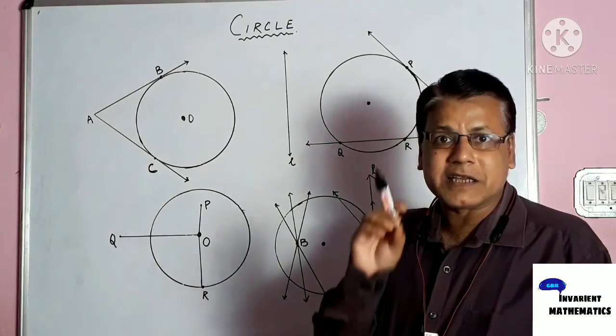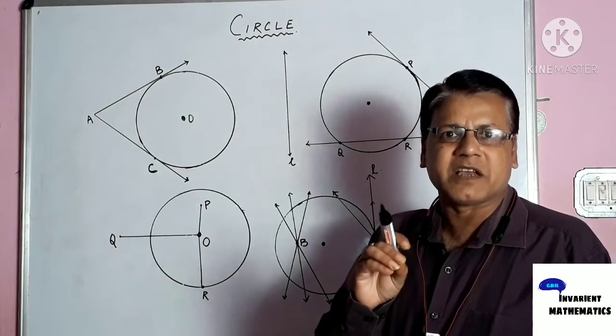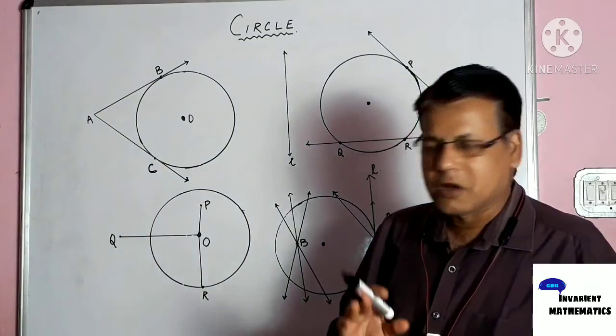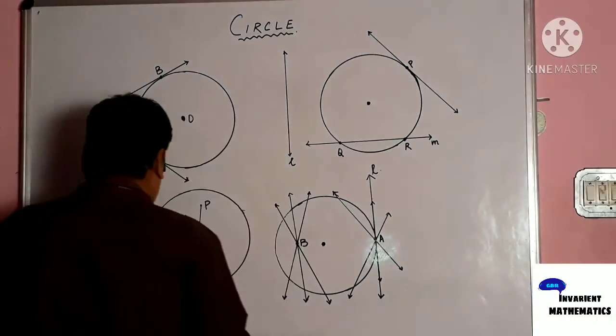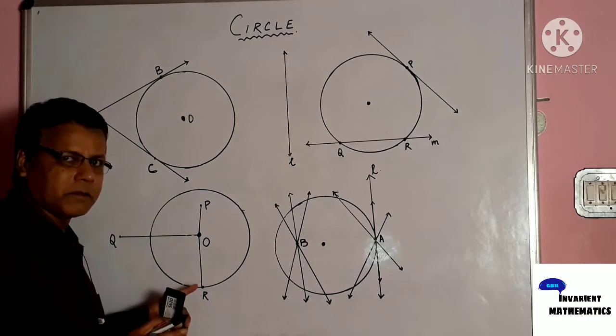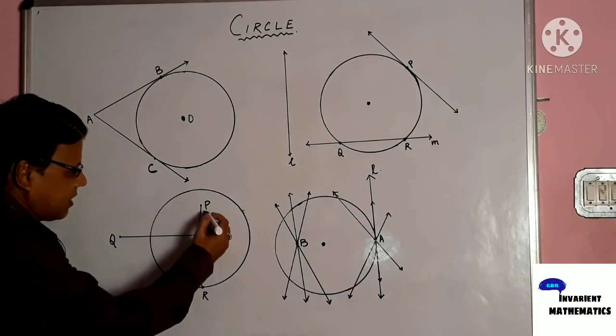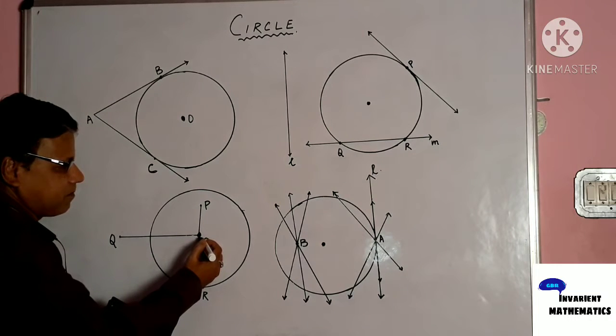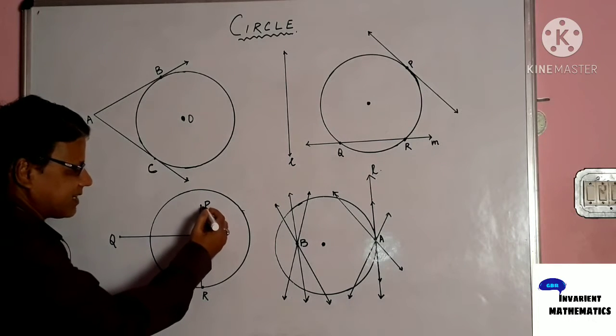But there is a geometrical condition behind it. What is that geometrical condition? Look to the figure. In the figure, if we join the point P with the center, then we get a line segment OP.